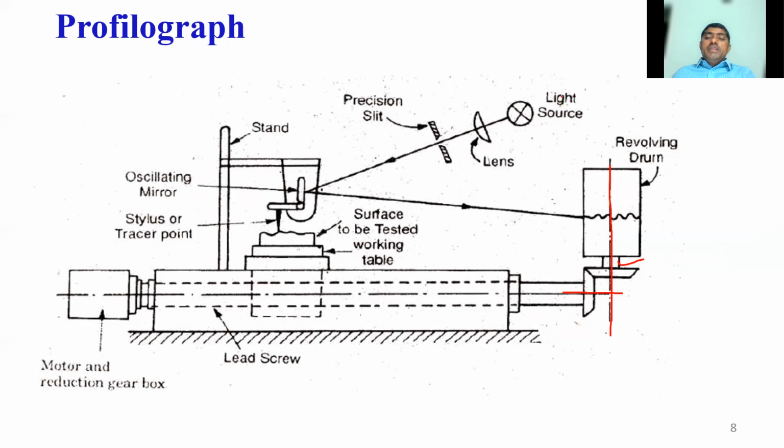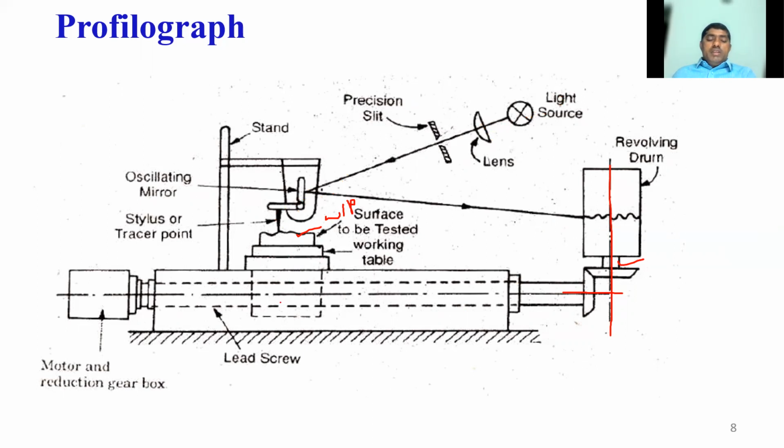Here there is a light source, and there is a lens and a precision slit. Here it is a table. On the table, this is the workpiece which is mounted on the table. This is the stylus, which is connected or fixed to the oscillating mirror.